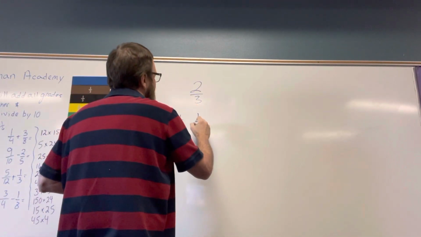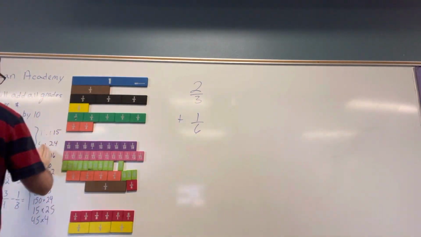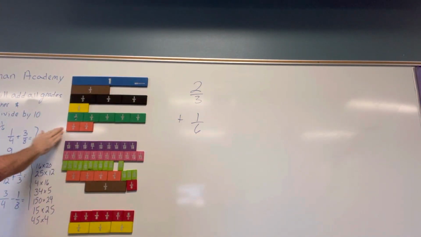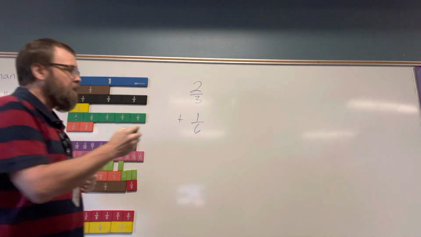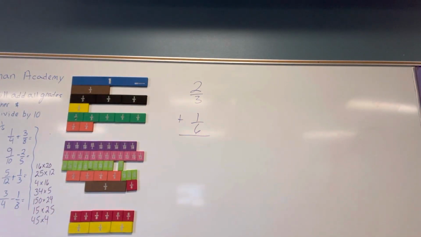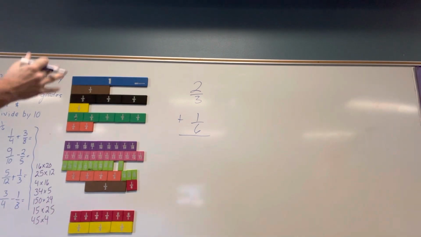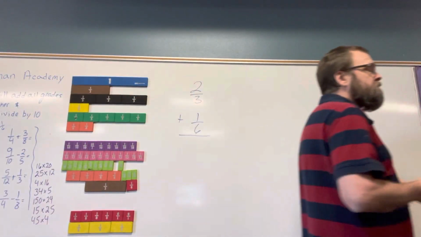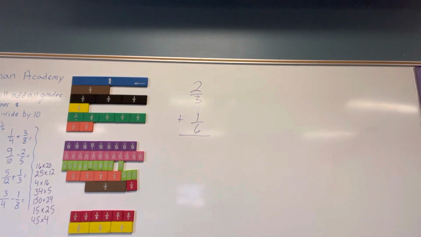Now when I add and subtract fractions, I always like to write them vertically, because it allows me the space and makes it equal. That's just the way I like it. Can we add these fractions the way they're currently written?